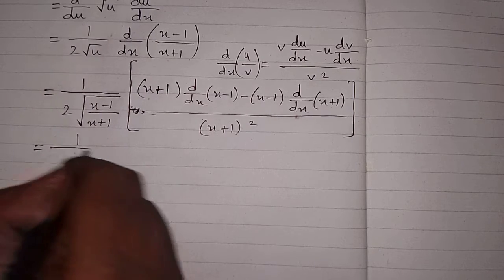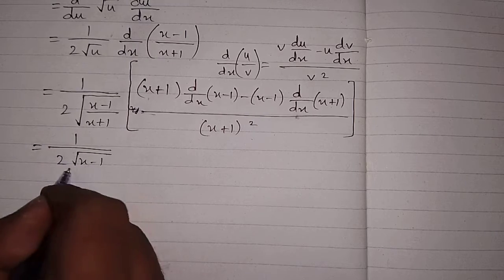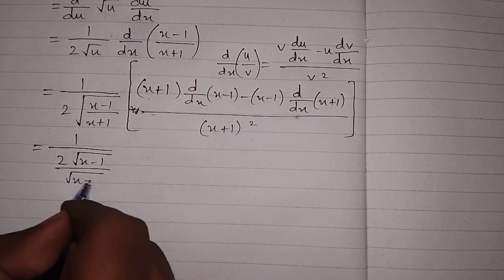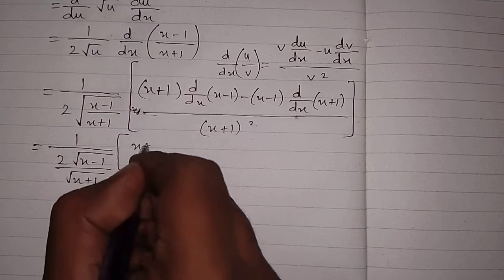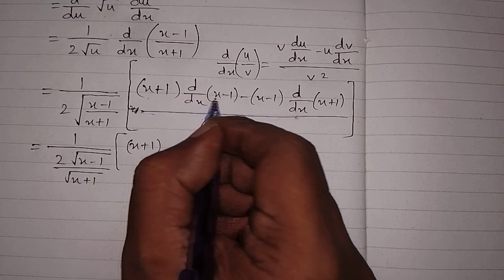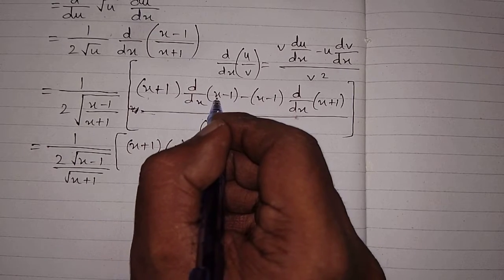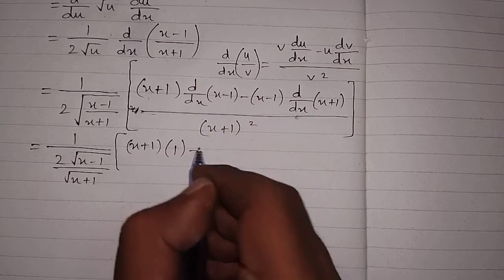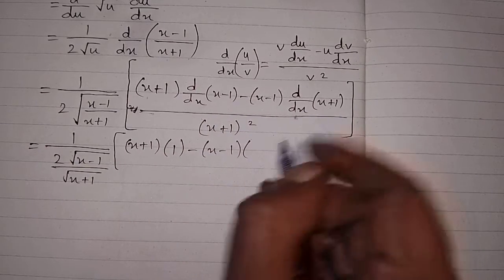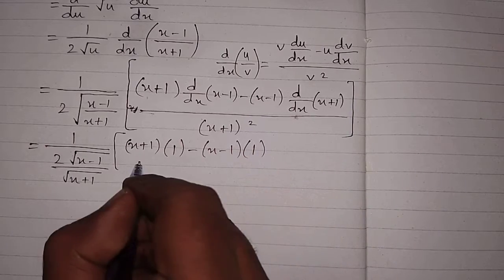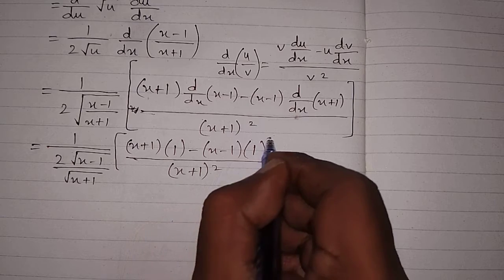Now this can be written as 1 upon 2 square root of (x minus 1) upon square root of (x plus 1), and here we have x plus 1 and the derivative of x minus 1 is 1, because the derivative of x is 1 and derivative of 1 is 0. Then minus (x minus 1) multiply by derivative of x plus 1, which is equal to 1, upon (x plus 1) whole square.